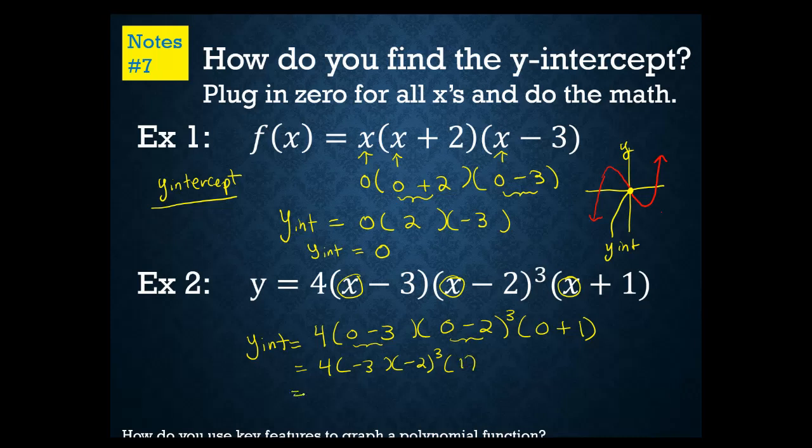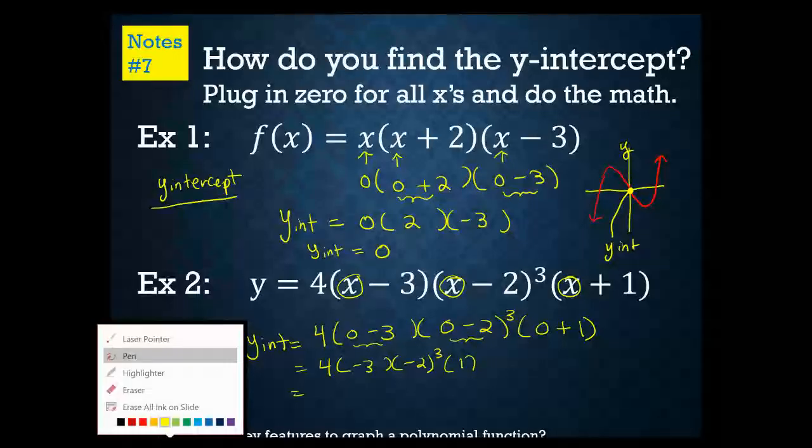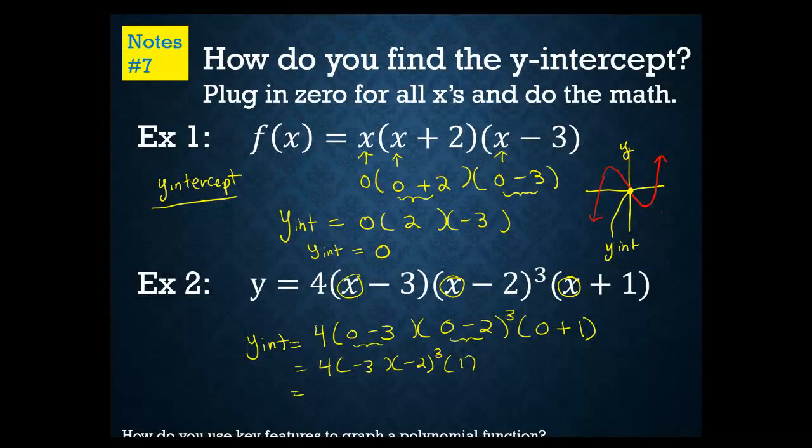Now do your math. Do your exponents first. We have negative 2 cubed there in the middle. I'm going to do that off on the side. You're supposed to do your exponents first according to PEMDAS, right? So negative 2 cubed means negative 2 times negative 2 times negative 2.